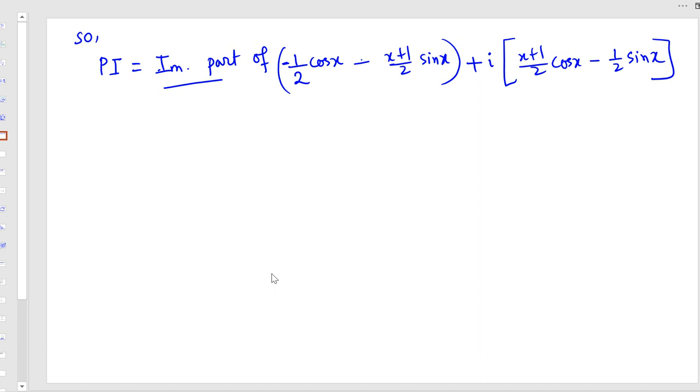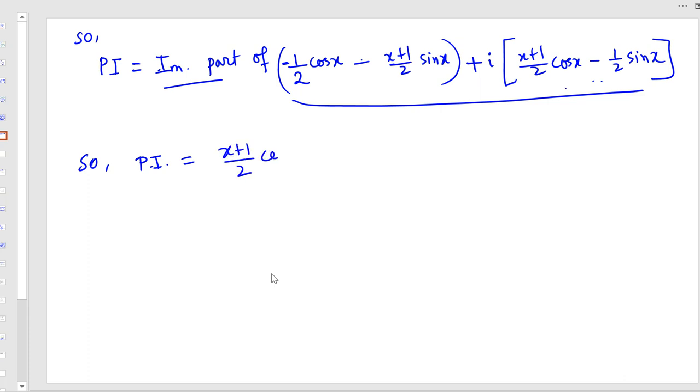So the imaginary part of this whole term, that is this one. So pi is nothing but the imaginary part, that is x plus 1 by 2 cosine of x minus half sine of x. Hence, the complete solution Cs equals Cf plus pi.